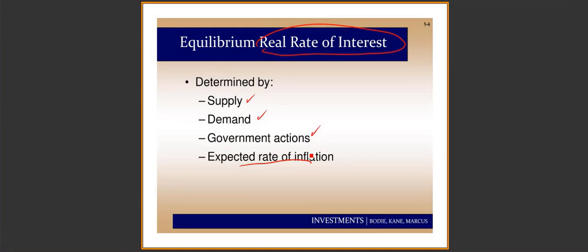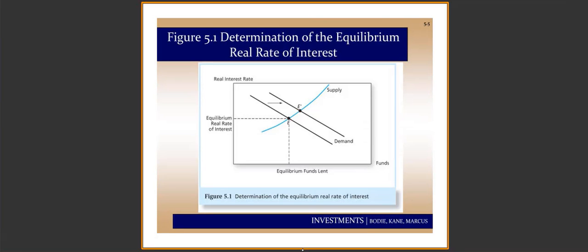Government actions, all of those things are going to impact the real rate of interest, but certainly inflation. This slide shows us, again, the same idea, determination of that equilibrium real rate of interest. And there are a couple things that I want to point out here. I want you to notice the supply curve. The supply curve is upward sloping, isn't it? From the left to the right, it's upward sloping.